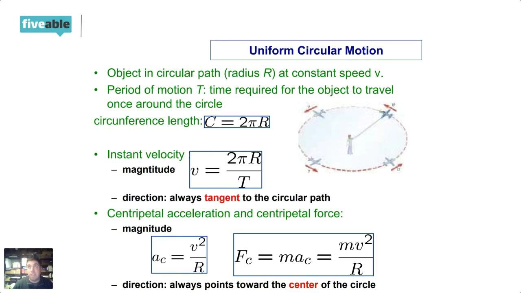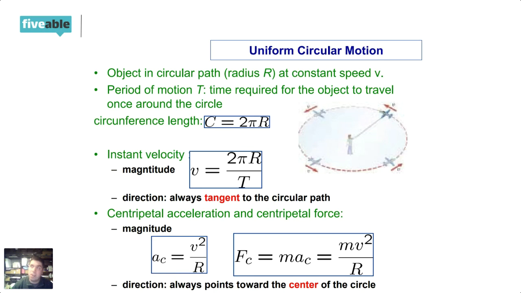That means that if we're going in a circle, we have the circumference, which is 2 pi r, right off your knowledge of geometry and circles. We travel on the outside of it, so our distance we've traveled is 2 pi r, and that gives us our instant velocity, v equals 2 pi r over T. Distance over time, 2 pi r is our distance. Capital T, the period, is our time it takes for that to happen.